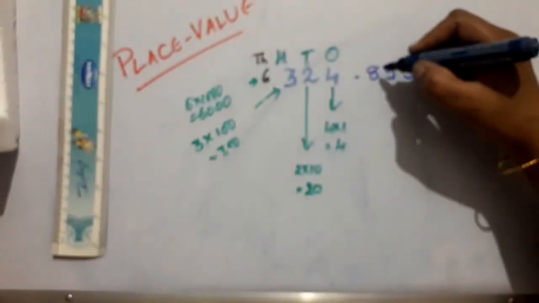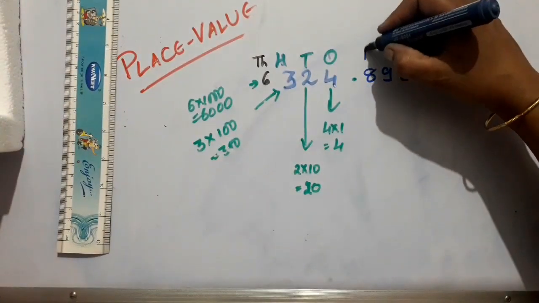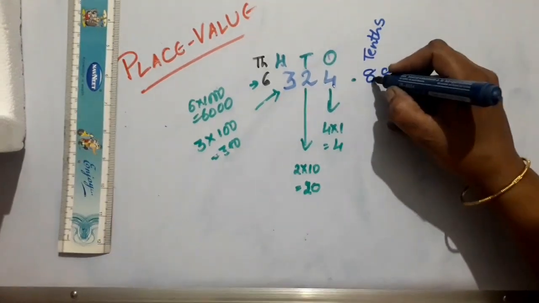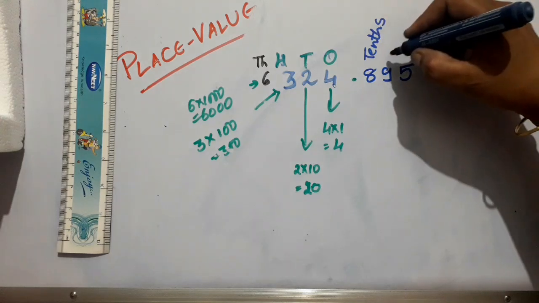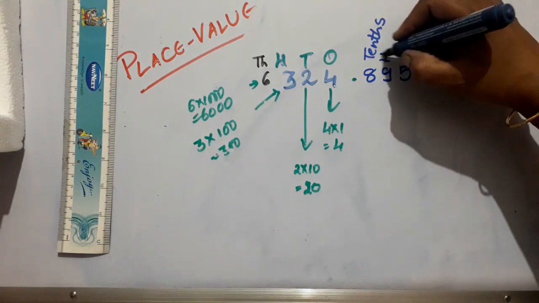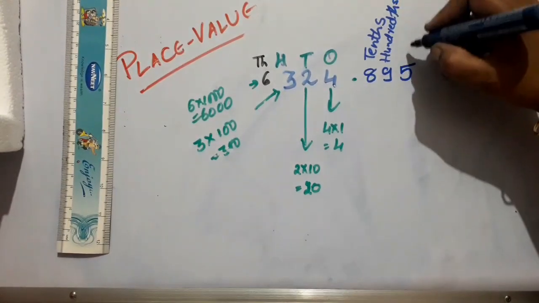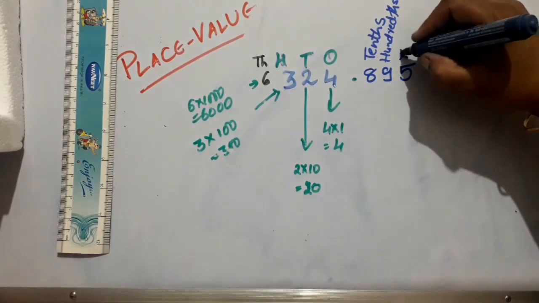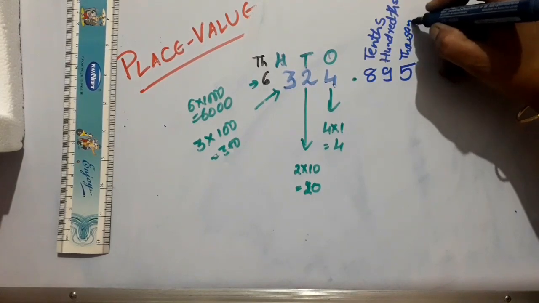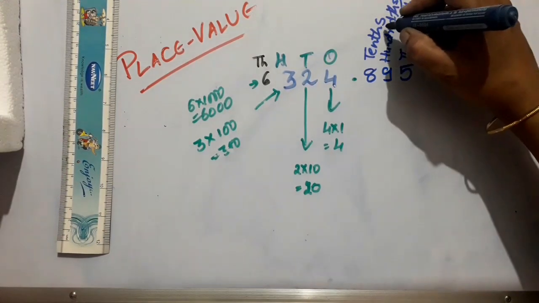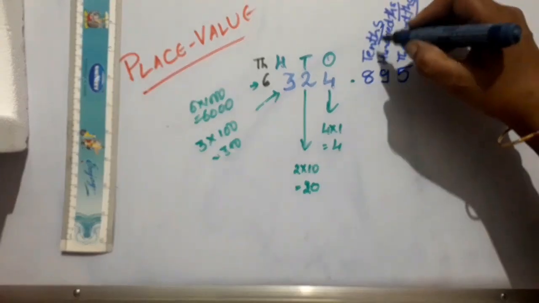Now this 8 is in tenths place after the decimal point, the first digit. 9 is in hundredths place, right? And 5 is in thousandths place. Check the spellings of what I have written, it ends with THS.